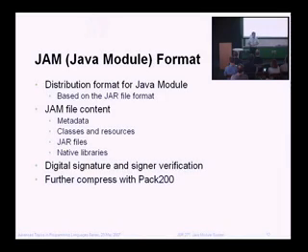This will make the size of the JAM files much smaller and make it easier for distribution on the web. The module system will have built-in support for Pack200, so if you provide a packed JAM file, the module system will be able to automatically unpack and deploy it for you.